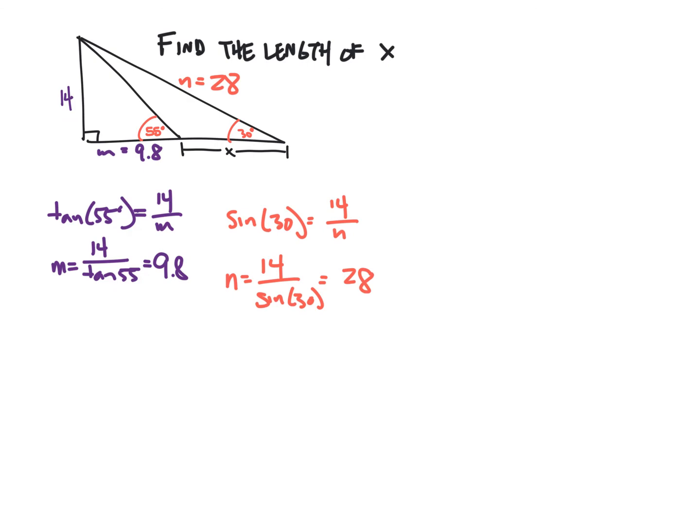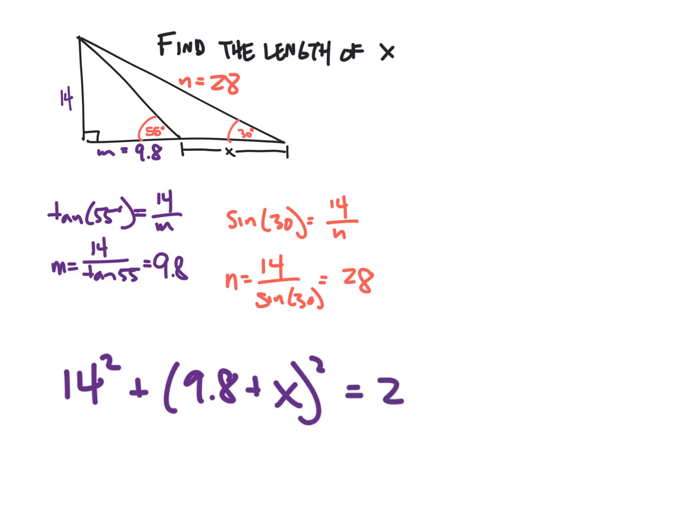Alright, so how am I going to use that this side is 28 and this is 14 to find the length of this x? Well, we can use the Pythagorean theorem. We know that 14 squared plus (9.8 plus whatever that x is) squared is equal to 28 squared.